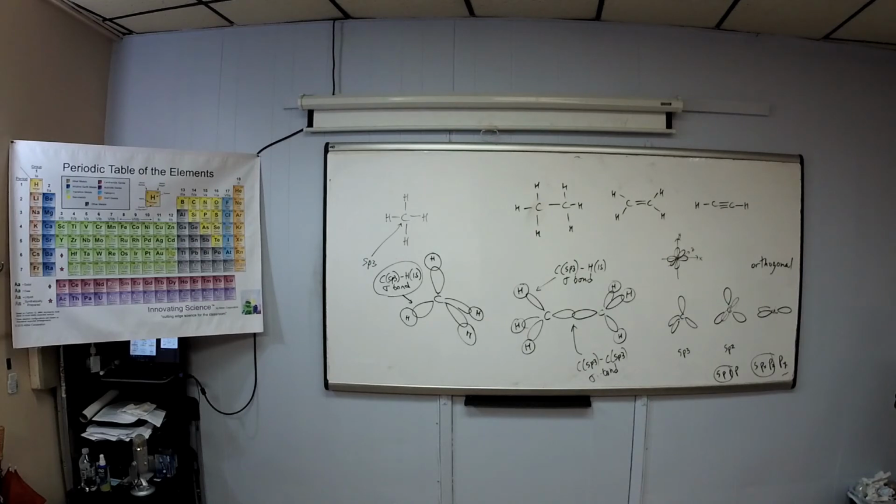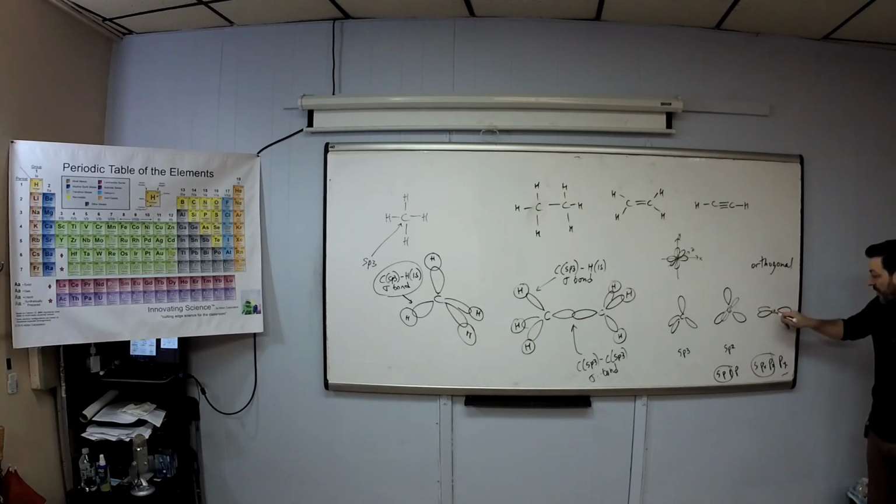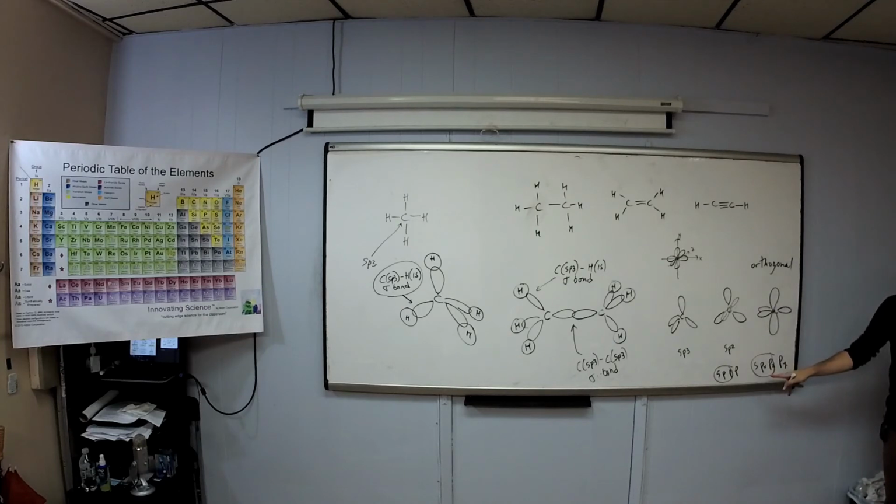Do you remember that trigonal bipyramidal? The 5 orbitals, there was a trigonal planar plane, and then a linear one in between. So the sp2 orbitals are in the trigonal planar plane, and the unhybridized p orbital is in the linear portion. This is sp2, sp2, sp2, and this is the unhybridized p, the one that didn't make it into the hybrid. Does that make sense? You have to be able to understand this. You have to be able to picture this.